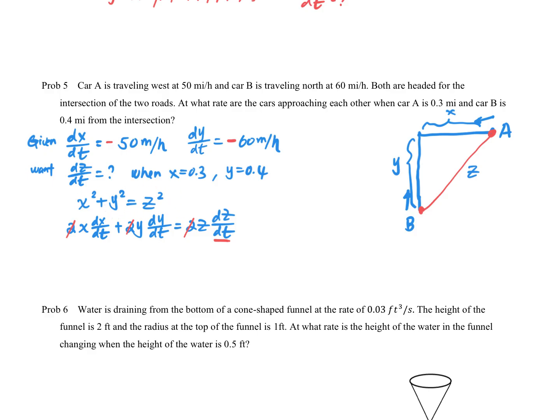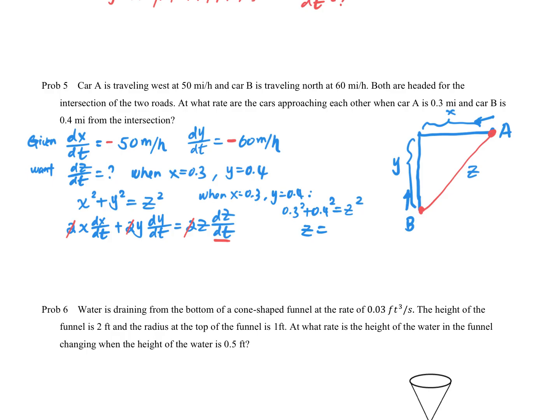But at that moment, we can definitely find the z using this equation. So when x is 0.3, y is 0.4, then we have the following. 0.3 squared plus 0.4 squared equals z squared, and find the z. And because this ratio, when this is 0.3, this is 0.4, this has to be 0.5, there's a famous right triangle, the sides 3, 4, 5, but you can use this to verify.